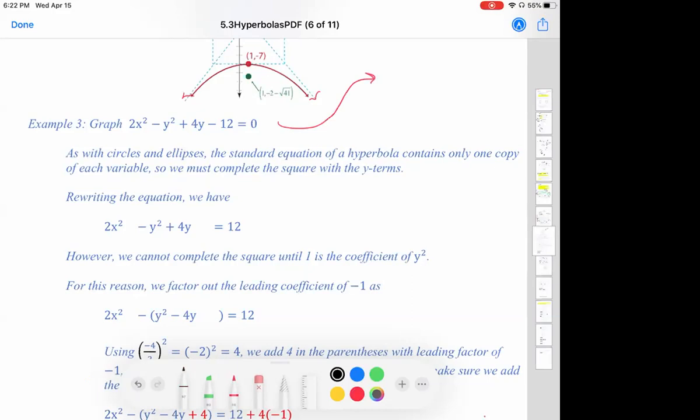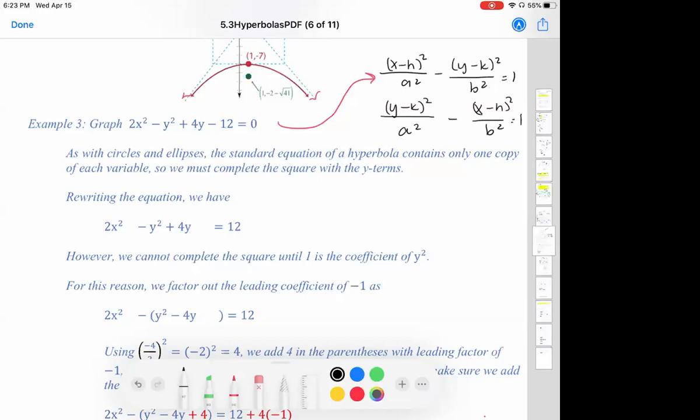We have two options. We can have x minus h squared over a squared minus y minus k squared over b squared is equal to 1. Or we can have y minus k squared over a squared minus x minus h squared over b squared equals 1.